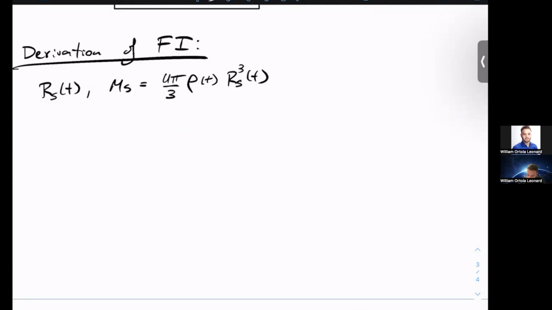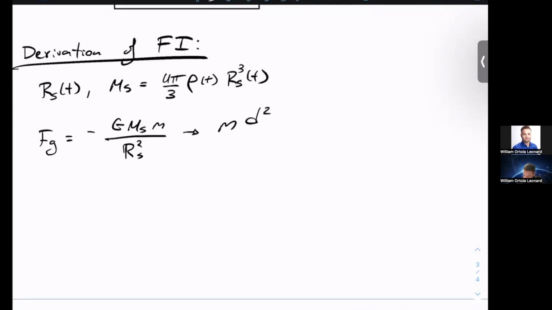Newton's law of gravity is going to be G times the mass of the sphere times the mass of a test particle divided by the radius squared, and we're going to assume that this test particle is at the same distance as the radius of this sphere.